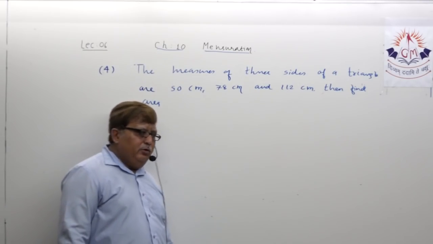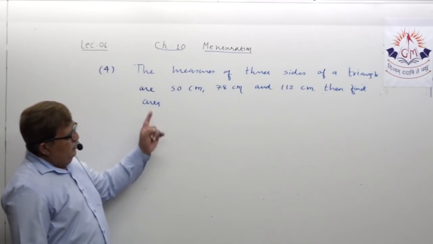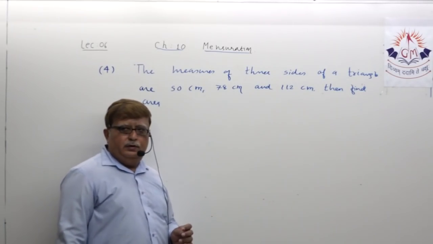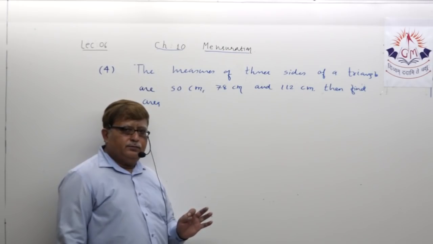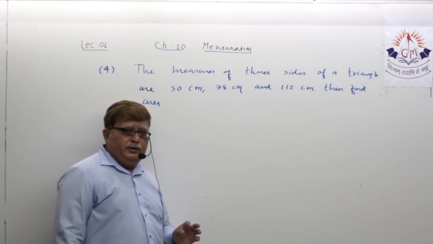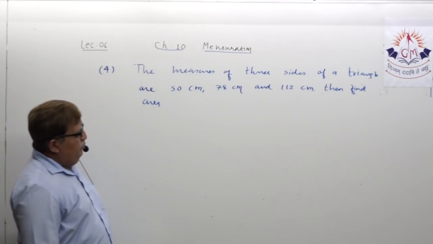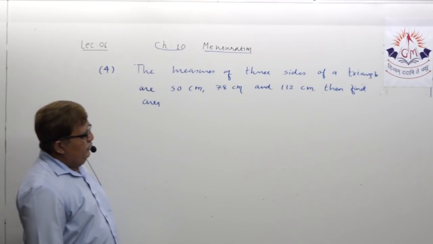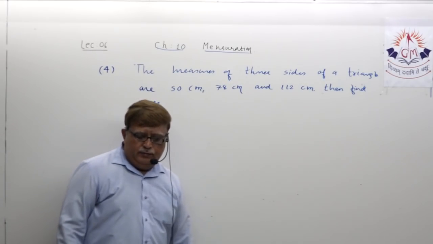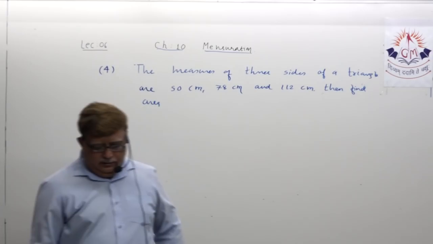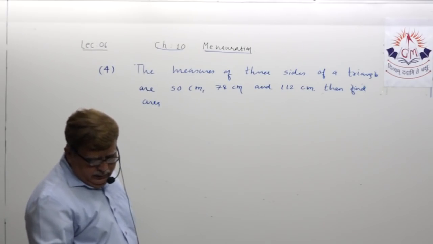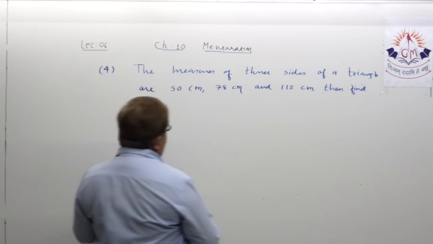Just now it may not be necessary. You are given a triangle and three sides of the triangle are given: 50 centimeter, 78 centimeter and 112 centimeter. Let us, my dear student, try to solve this example.